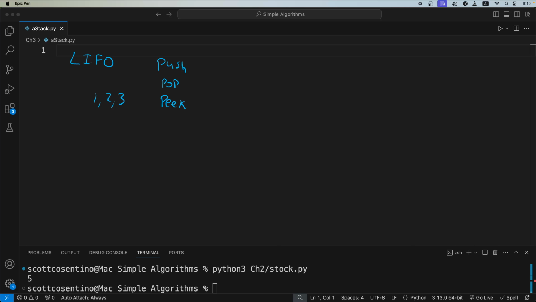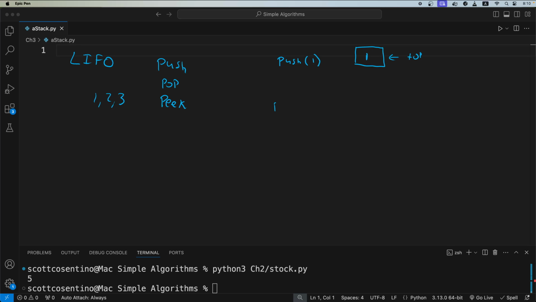A push is going to place a value onto the stack. So, for example, if I were to push the value 1 onto a stack, if the stack were empty, well, 1 would just become the top of my stack, right?